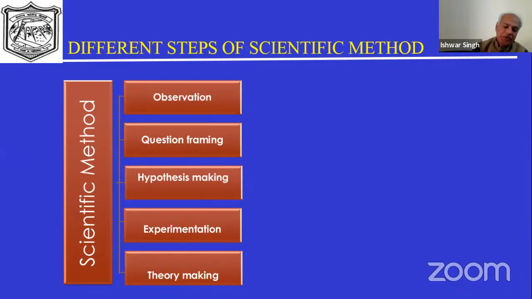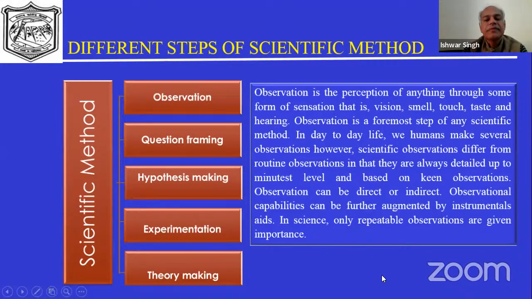Now what is this observation step? We know observations very well. As far as the definition is concerned, observation is nothing but perception, our perception about the things going on in our surroundings.